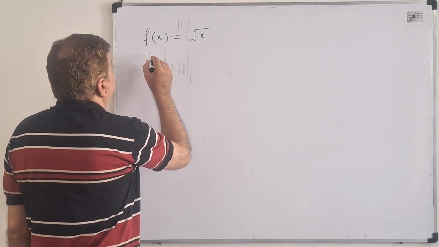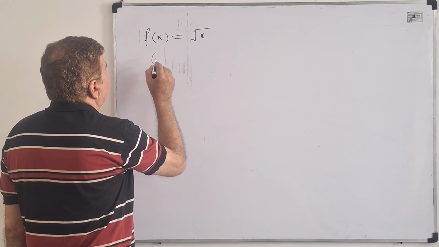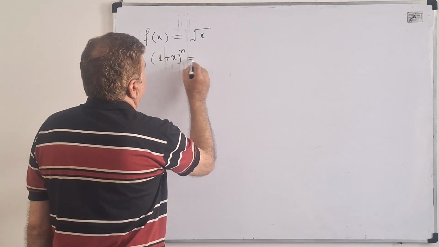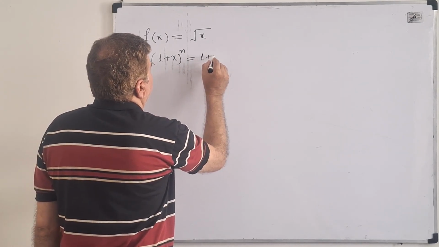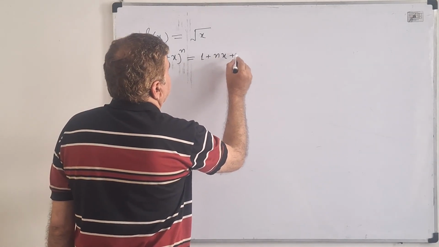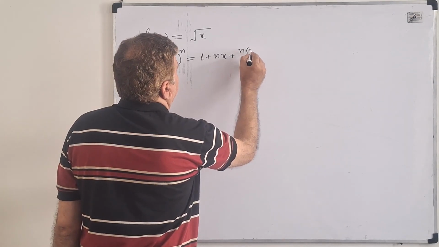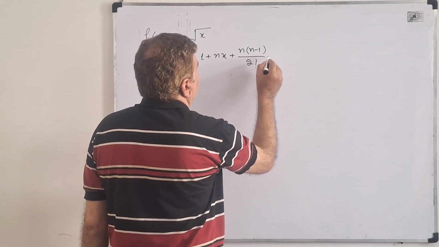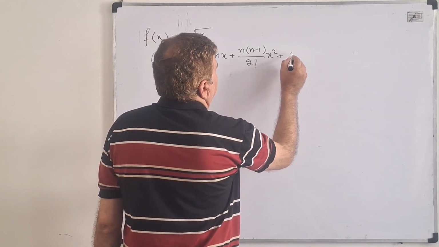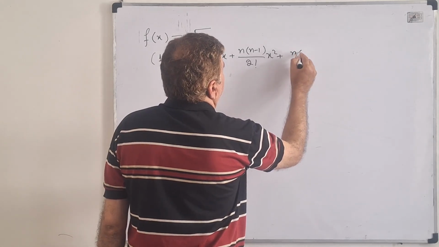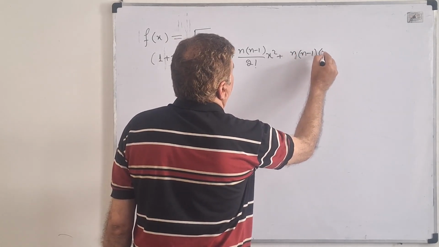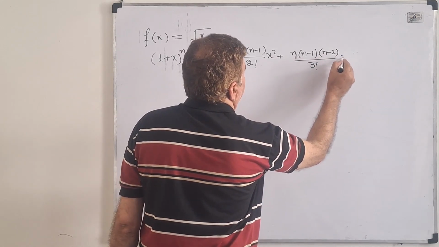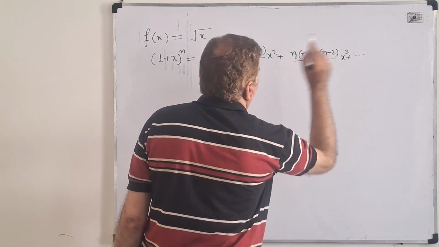the binomial expansion. We know from binomial expansion that (1 plus x) power n equals 1 plus nx plus n into (n minus 1) divided by 2 factorial into x squared plus n into (n minus 1) into (n minus 2) divided by 3 factorial x cubed and so on.